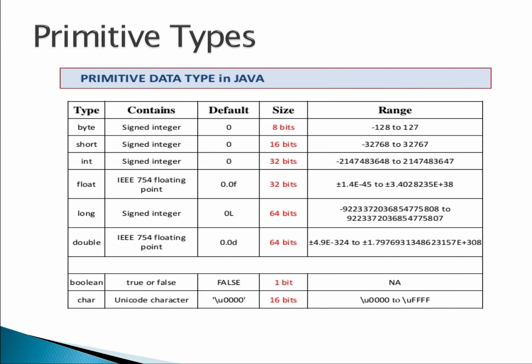So when I access that 65 as a character, I'll get A. Similarly, each character will have some ASCII code, or we call it a number, and we store the binary form of that in the memory. So character needs 16 bits of memory location basically.